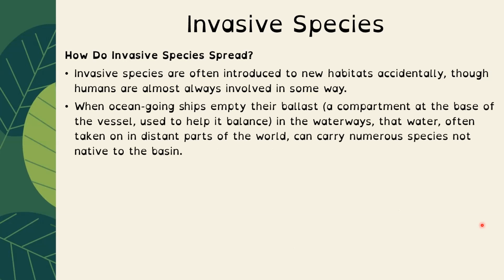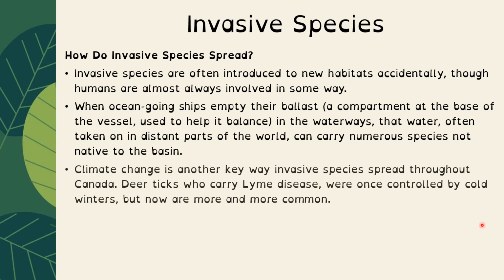So bringing water over in ocean ships and dumping it here, though unintentional, because that's not the purpose, but not being conscious of the fact that there are going to be plants, animals, and bacteria and things like that in that water means that it introduces these invasive species.